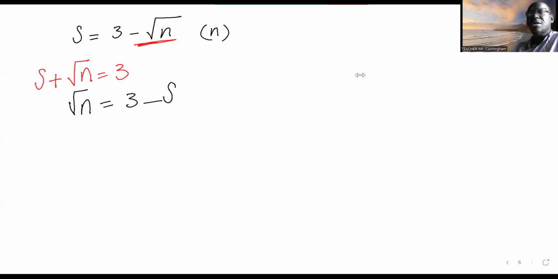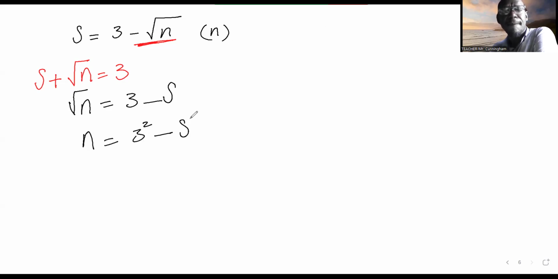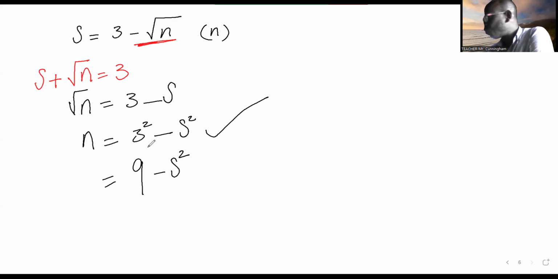Okay, Jesse, you're correct. So to find for n, you have to square everything. So this is correct, or you could have 9 minus s squared. Either one is correct.